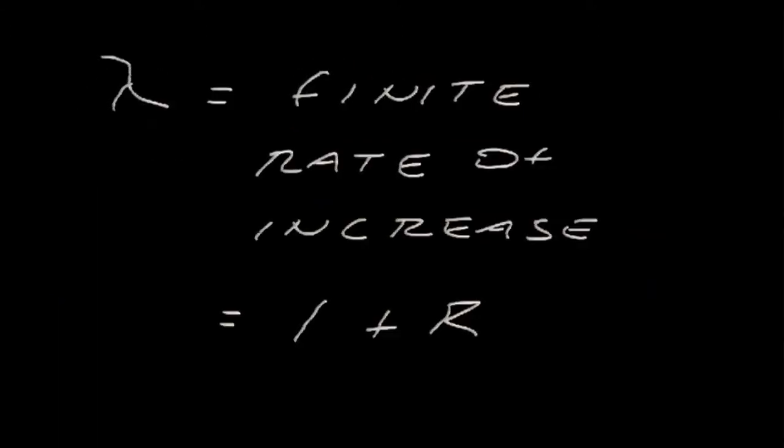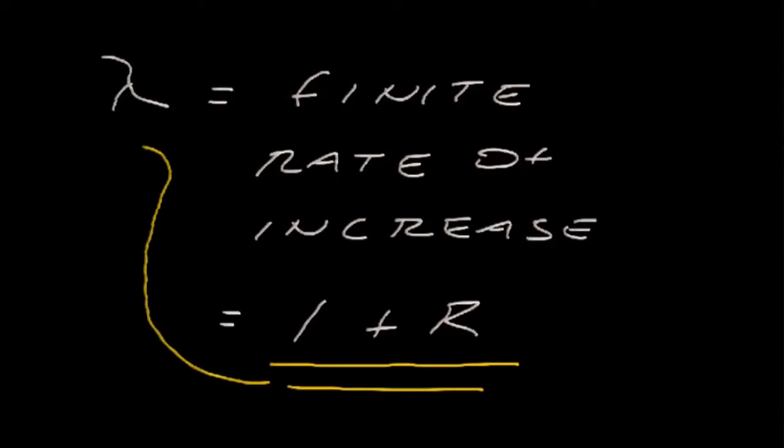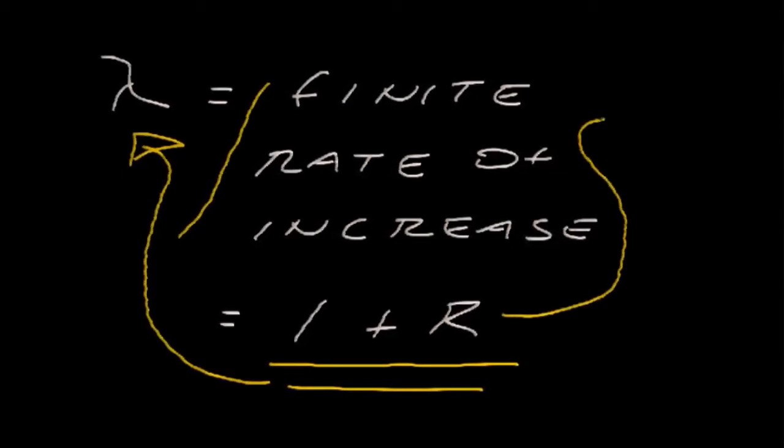So this value of 1 plus r, we actually give a new term, and we call that thing lambda. Lambda is referred to as the finite rate of increase, and we interpret it similarly to r, except because it's 1 plus r, when we have a lambda value that's greater than 1, our population is increasing.